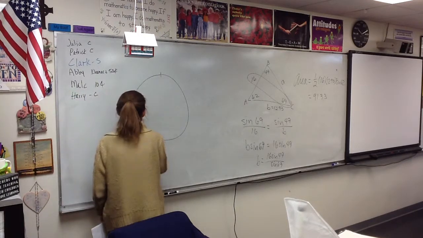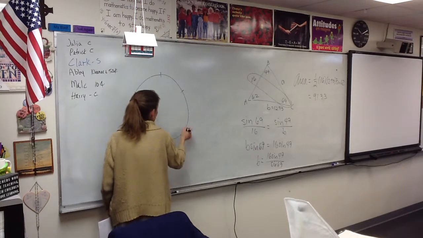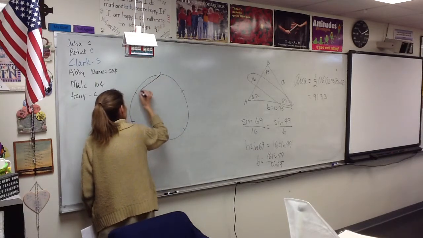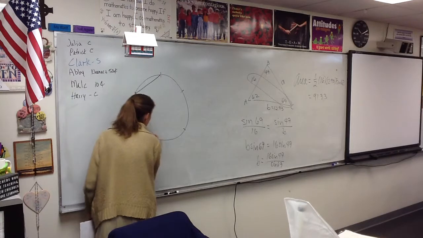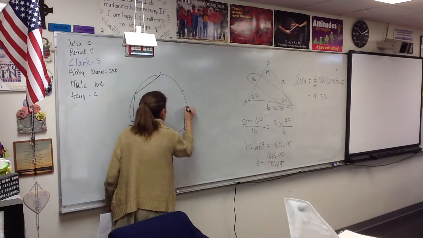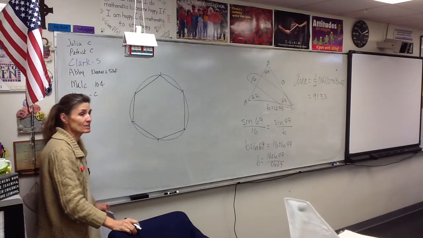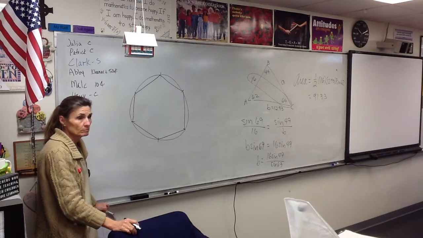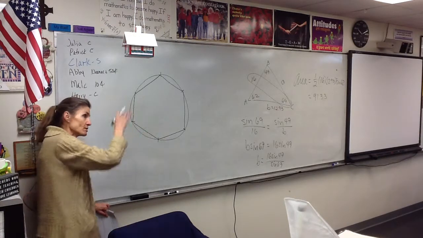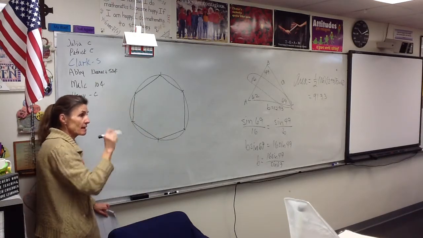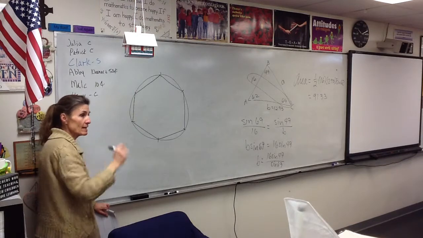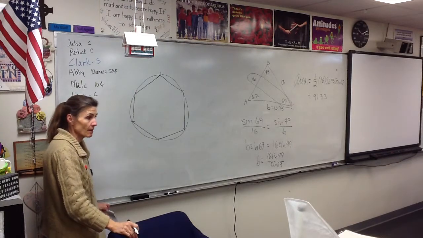I'm going to make 6 marks evenly spaced around my circle, and I'm going to connect those marks. So here is my hexagon inscribed in a circle. I drew my circle, spaced out 6 hash marks evenly around, connected the hash marks. That made my hexagon.